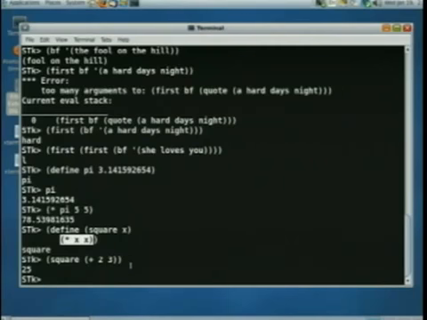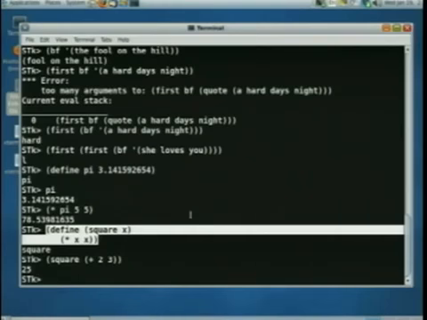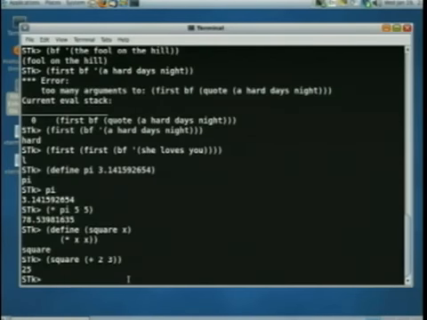So define is what's called a special form. Actually, technically, the whole expression that you type is called a special form. Define is called a keyword, which is the name of a special form. And what's special about it is that it doesn't do this thing of first evaluate the arguments, et cetera. Actually, it depends which kind of define, and you'll learn why this is in a week when we look under the hood.